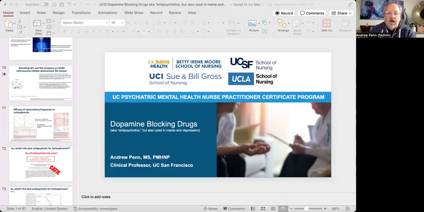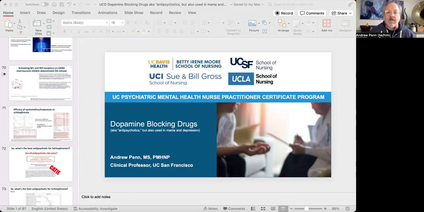But dopamine, in addition to having this modulating effect on psychosis when there's excessive dopamine activity, also has a role in movement and lactation, which is where we see some of the side effects that we're familiar with from antipsychotic medications.